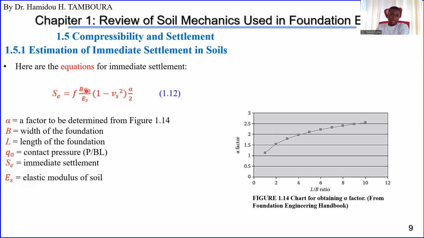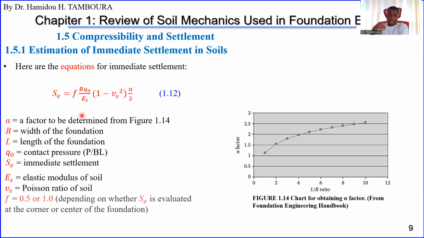And ES is a parameter that is sometimes difficult to obtain for a soil. ES is the elastic modulus of soil, and VS is the Poisson ratio of the soil. This one, F, is 0.5 or 1, depending on whether we are considering settlement at the corner or the center of the footing, because sometimes the settlement is not the same.